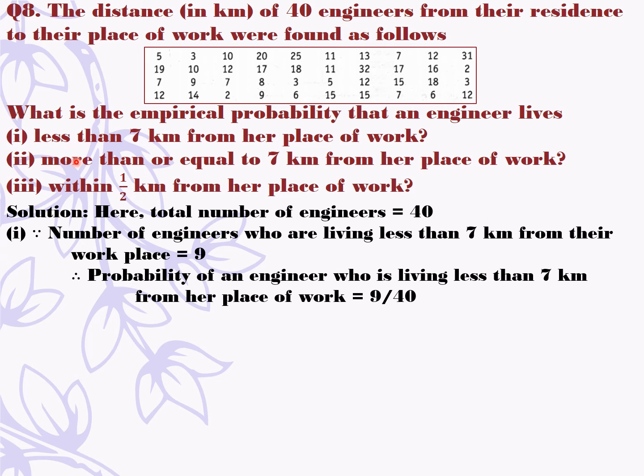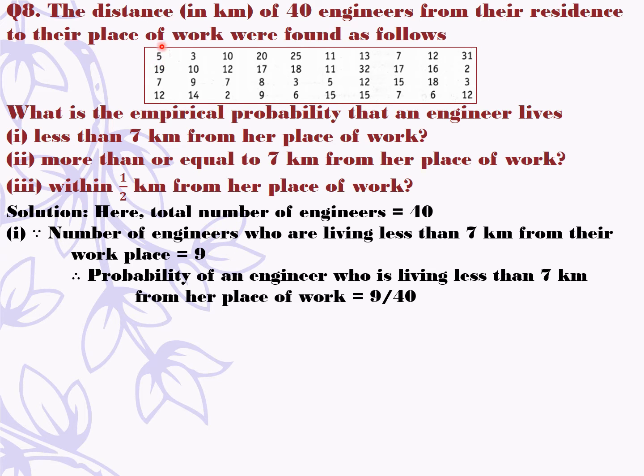Now we have to keep an eye on the question. Here it is said that lives less than 7 km away. So we cannot take 7 km because it is talking about less than 7 km. So we have to skip 7 km from the data while calculating the favorable events.